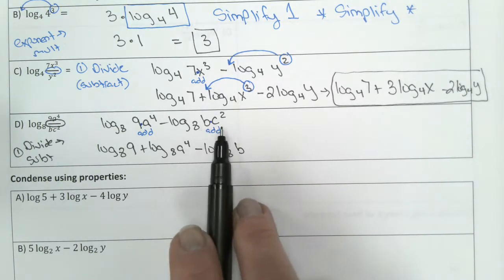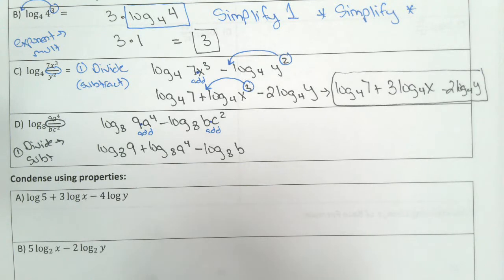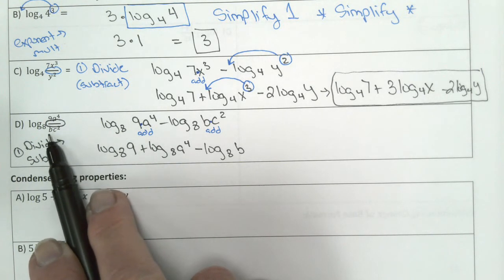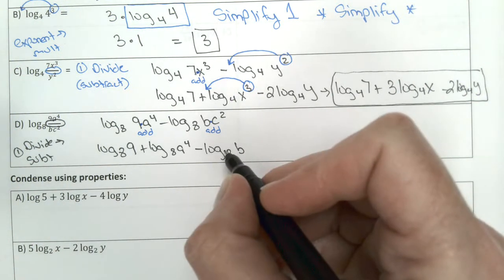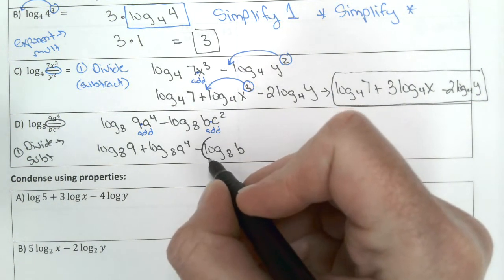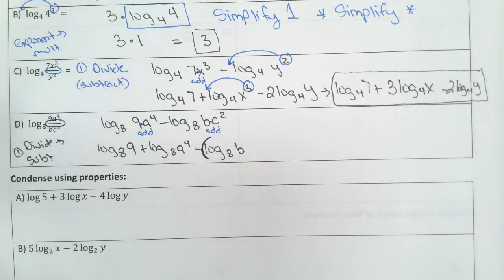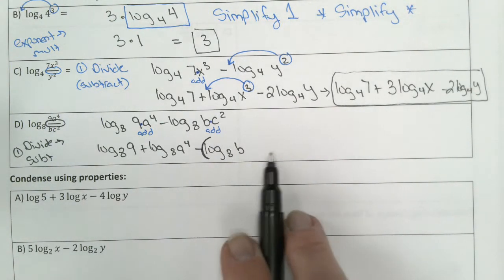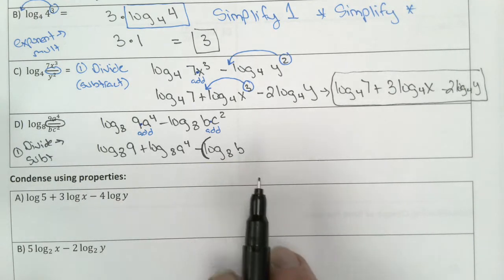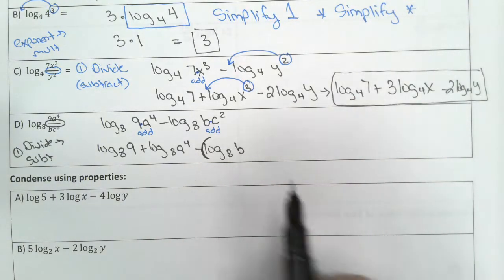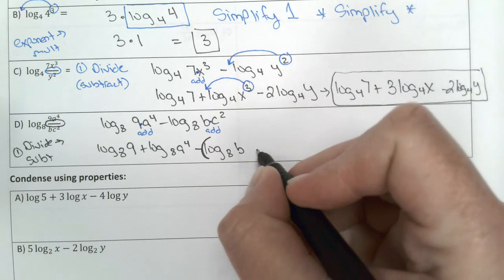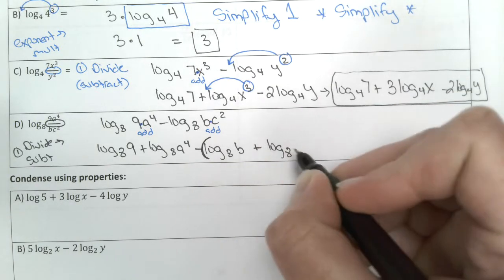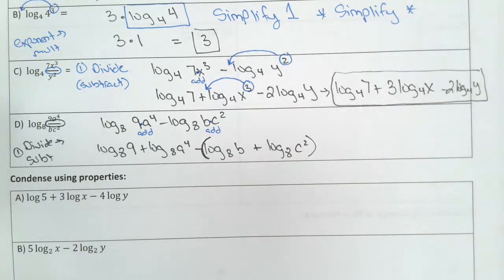All right, so as soon as I break this up, since this entire bc squared was in the denominator, I'm going to put parentheses around this because if you're going to have two terms here and they're both in the denominator, it is safest if you just use parentheses. And so plus log base 8 of c squared.